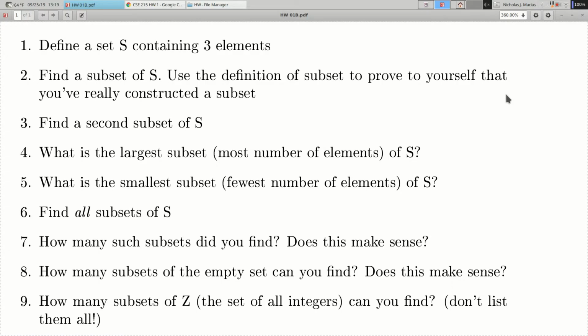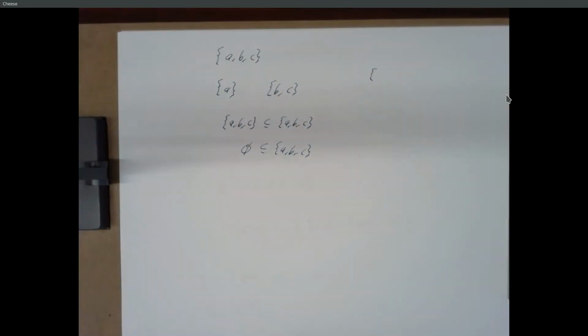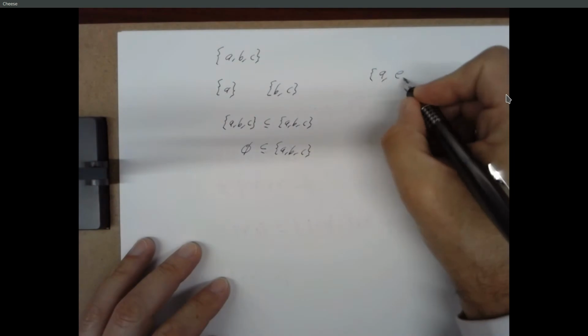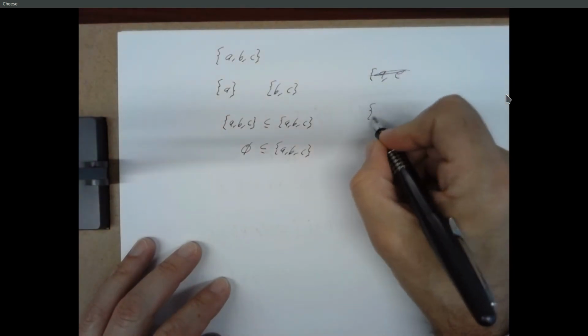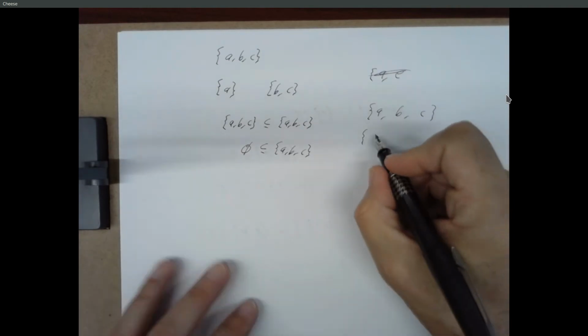Okay, find all the subsets. So this is a trial and error kind of thing. But this group up here was doing it in an interesting way. They wrote out the elements in a particular orientation, like this. And then they wrote, yeah, like a truth table.